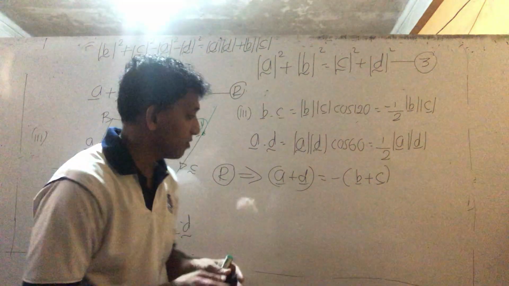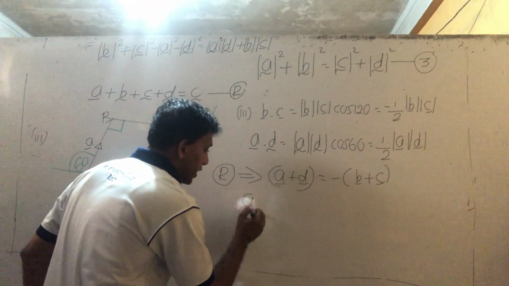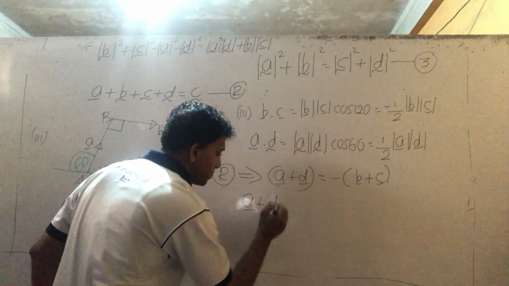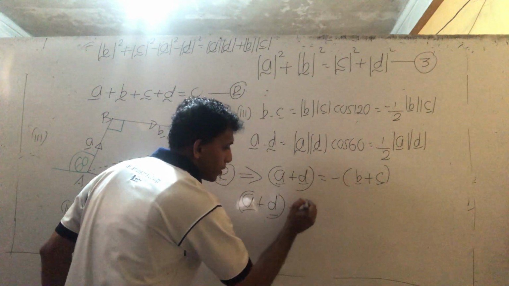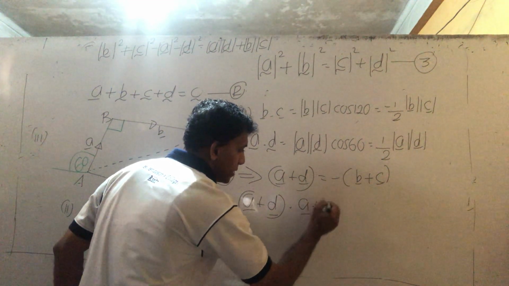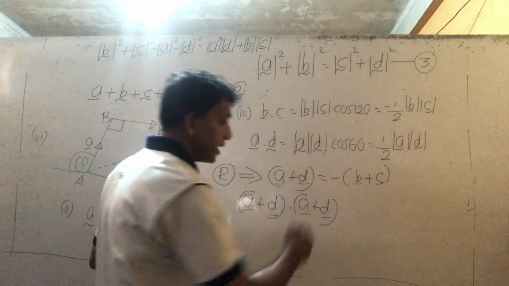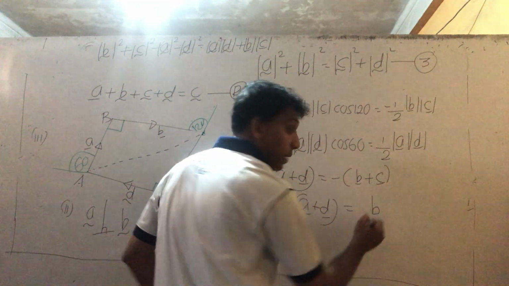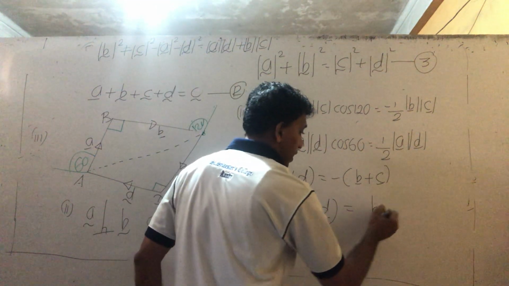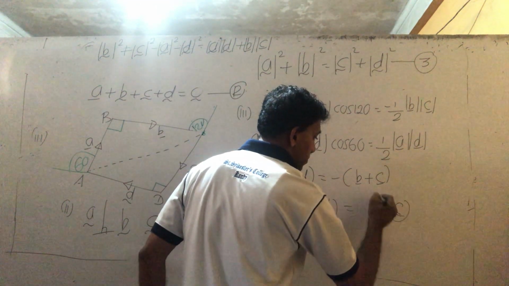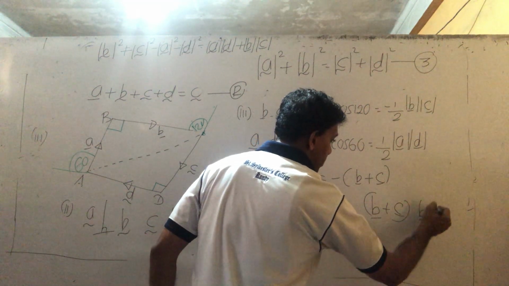So the product of itself: A plus D into A plus D, on the other side minus becomes positive, vector B plus C into B plus C.